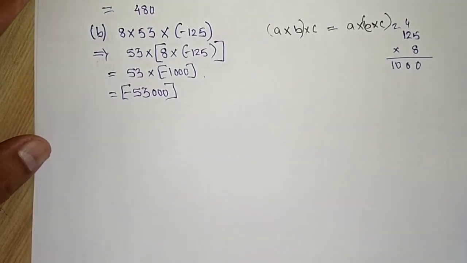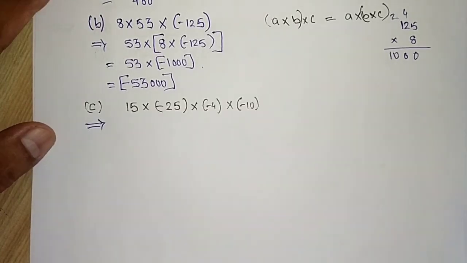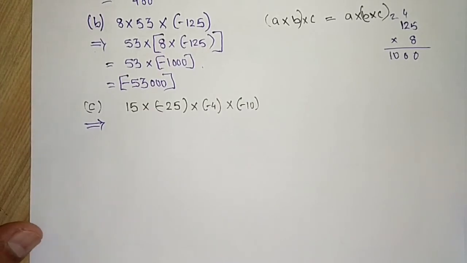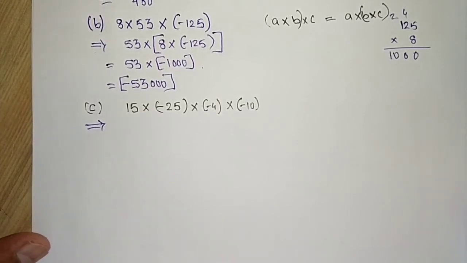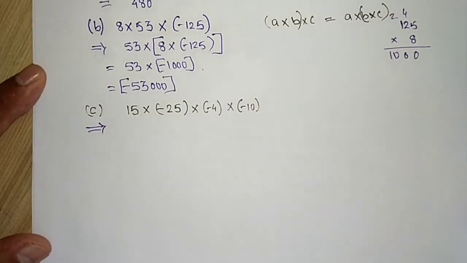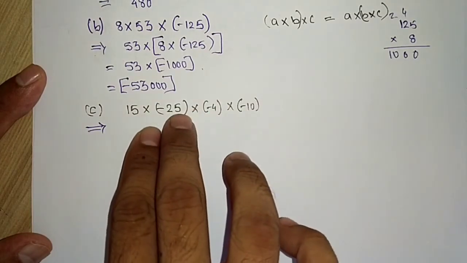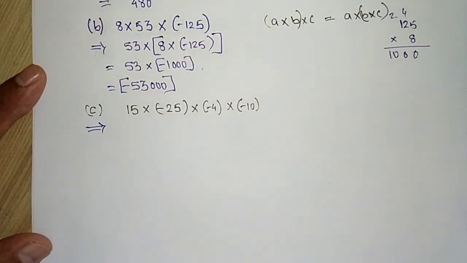Let us move to the C part, but let me write it first. So I have written this question. Watch it, and don't simply multiply the four numbers. You have to think of one suitable property and then solve it. As I have solved using the associative property above, I will use the same property to solve this question, but I will arrange it first.